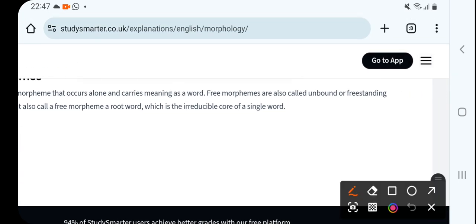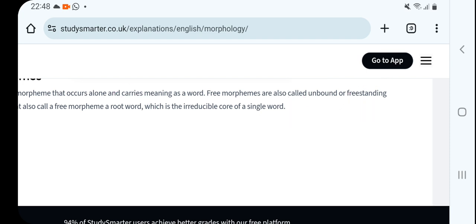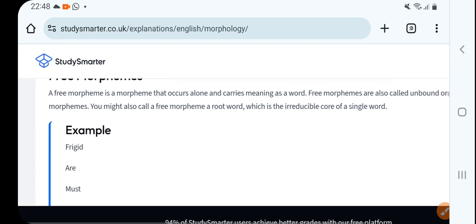So these three names we have to remember: unbound, freestanding, or root word are called free morphemes. An important thing: it is the irreducible core of a single word.